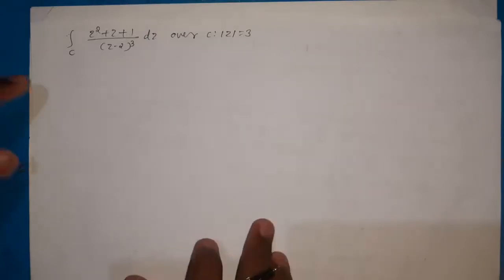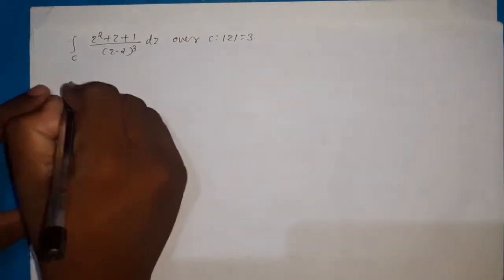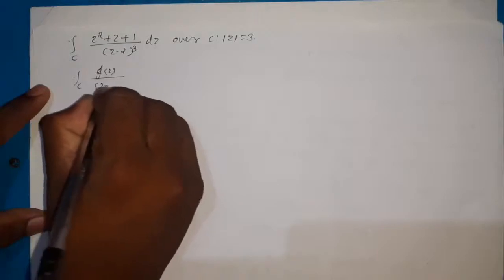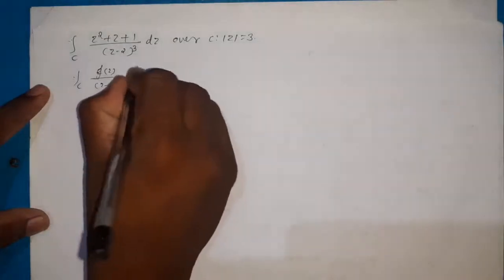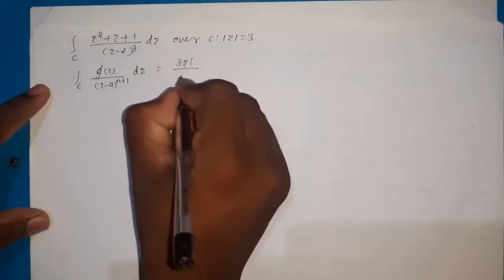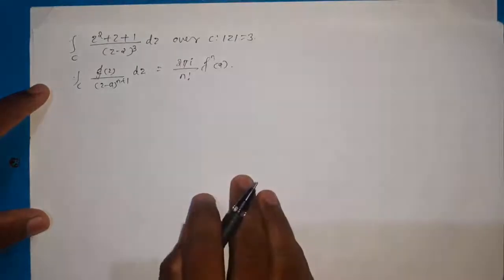First compare this integral with the standard form, that is, integration over C of f of z divided by (z minus a) whole power n plus 1 dz is equal to 2 pi i divided by n factorial times f power n of a.